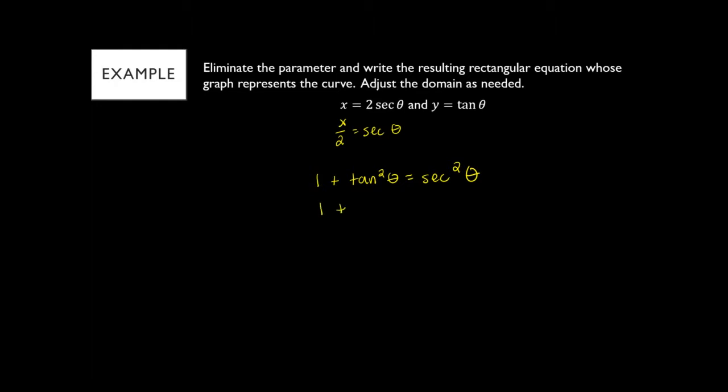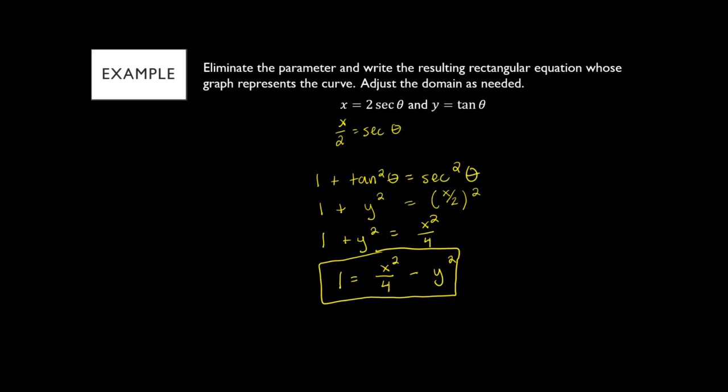So we've got 1 plus tangent is y, so tangent squared is y squared. And then secant squared is x over 2 squared. So we get 1 plus y squared equals x squared over 4. And if you subtract y squared from both sides, then you'll see that we have the equation for a hyperbola. We have x squared over 4 minus y squared, and that's our form that we have for hyperbolas.